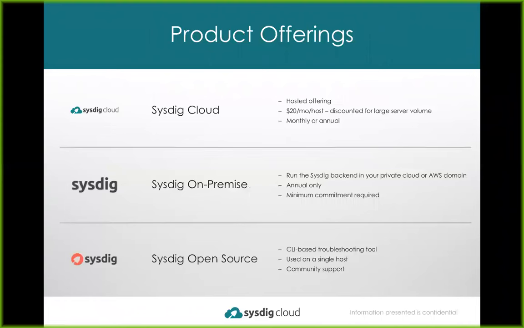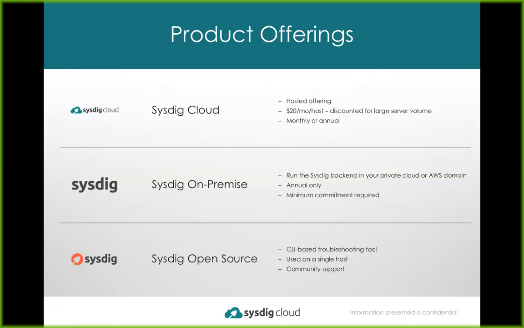One last item here before I stop for any final questions, which is what are our offerings? So we essentially have three offerings: Sysdig Cloud, which is what I demoed today, and gives you a hosted way to do infrastructure and application monitoring. It starts at $20 a month per host.